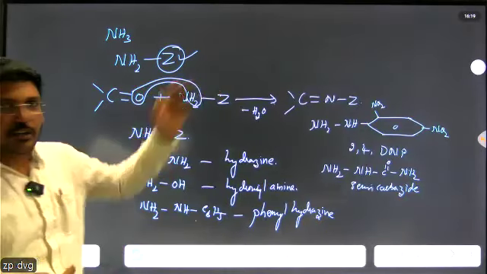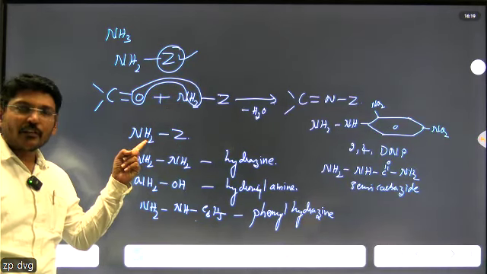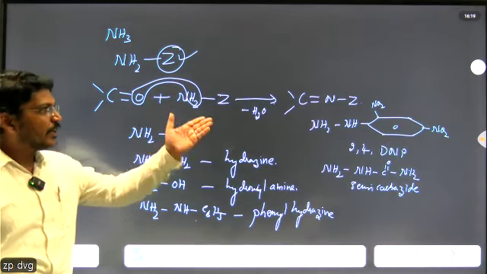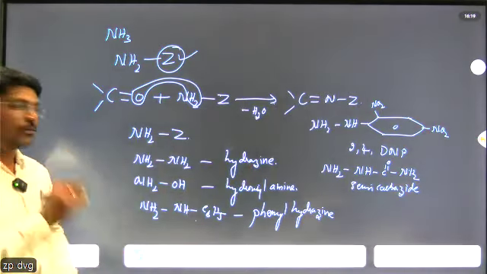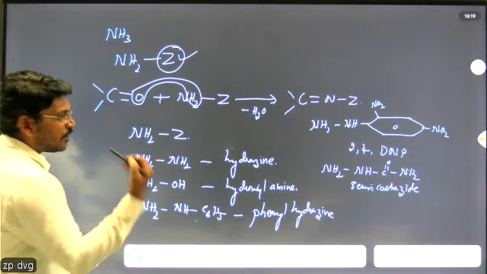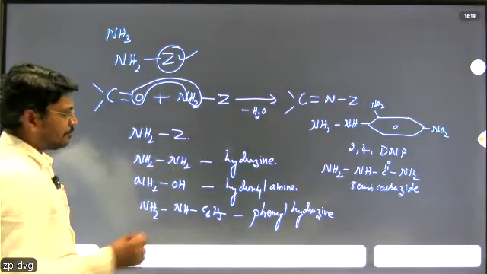Already we know that according to the general reaction, removal of a water molecule takes place. After removal of a water molecule, definitely we get different products. Let us discuss what those important products are and how they form.